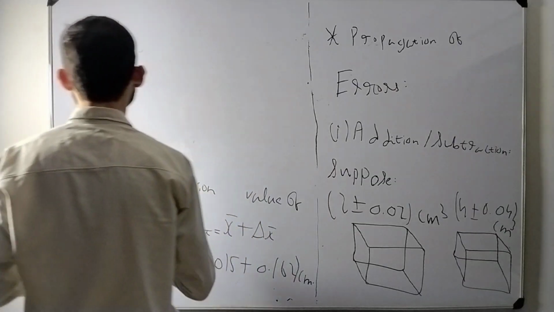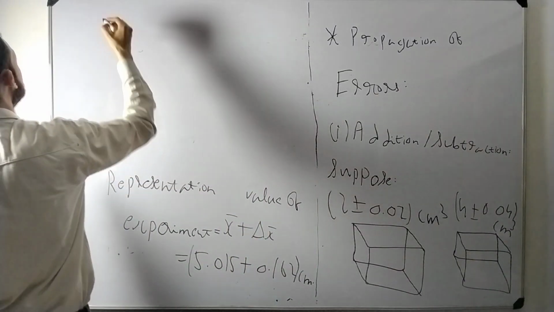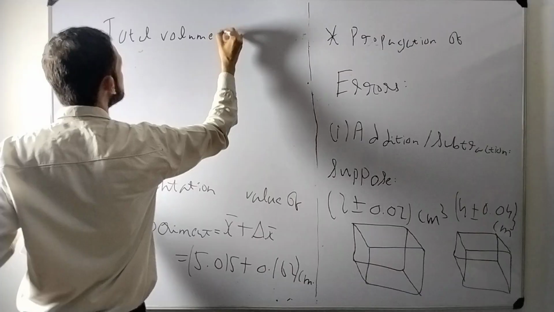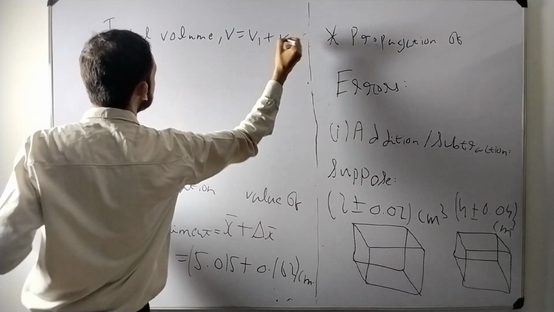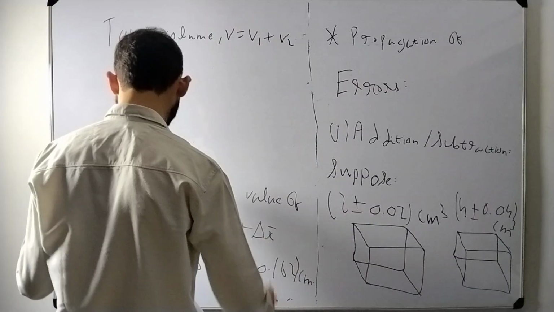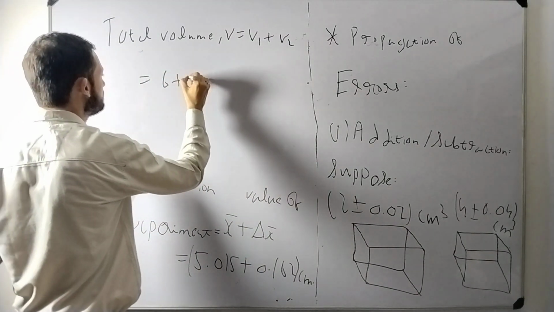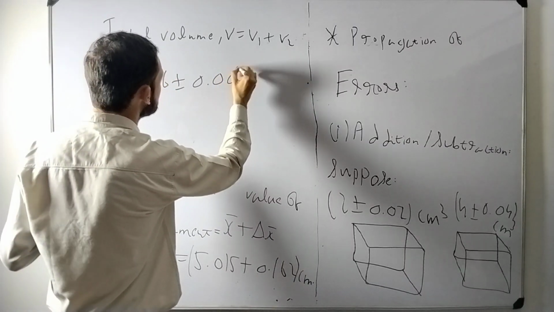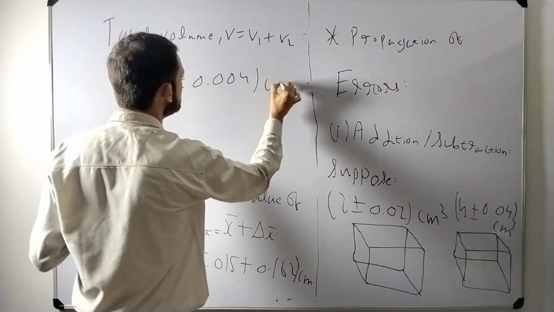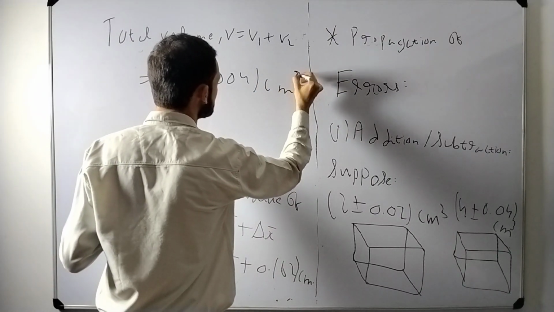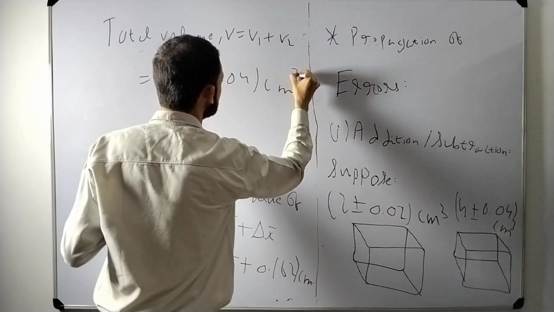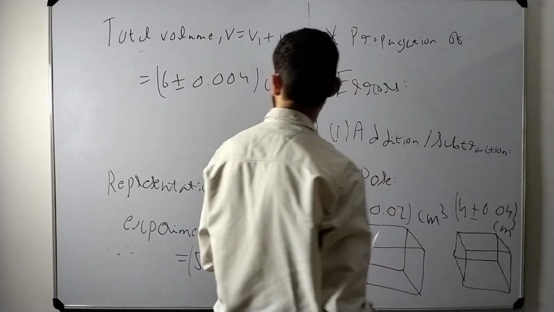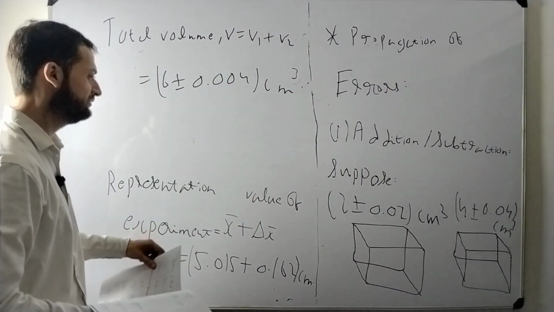So the total volume V is equal to V1 plus V2, these two cubes, and this becomes 6.004. Okay, students. And difference in volume becomes, you calculate the difference yourself.